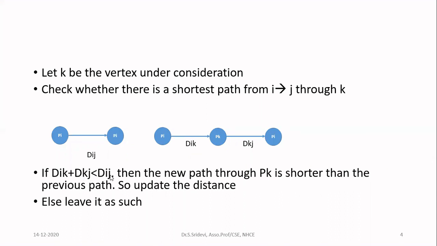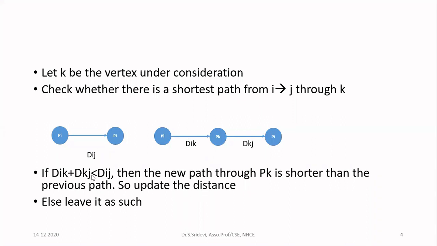What this means is, the cost of going through an intermediate vertex K is less than the cost of going from I to J directly. So in that case, our aim is we always prefer the shortest path. That means don't go directly from Pi to Pj. You go from Pi to Pk, then from Pk to Pj, because our aim is to save the cost. So in that case, we are going to update the distance.